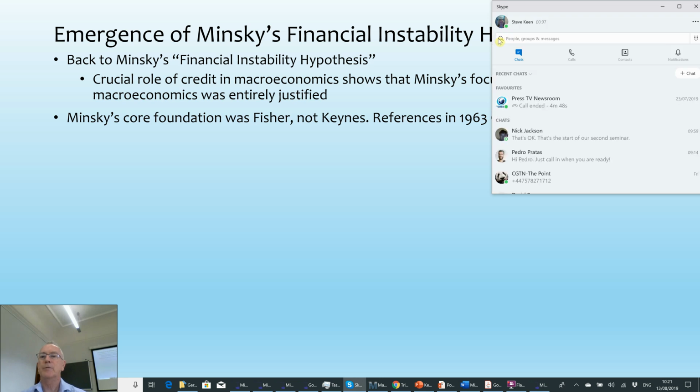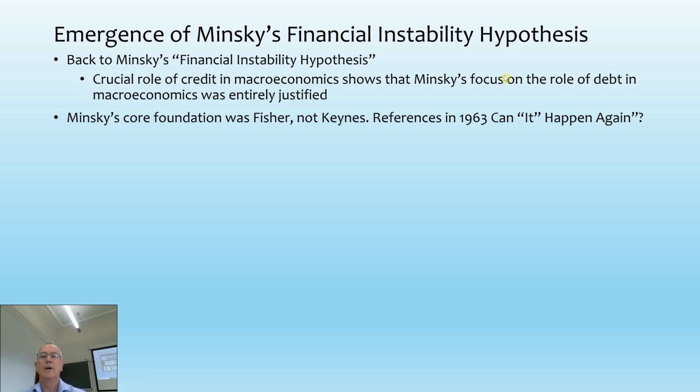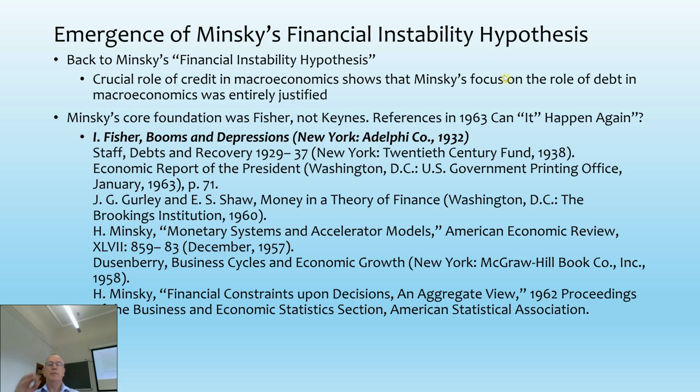Their a priori grounds were not correct. And if you look at where Minsky came from, looking at his references, there's no mention of Keynes until after, I think, about 1967. He accepted the textbook version of Keynes up to that stage and literally talked about the Keynesian assumption that investment is controlled by the rate of interest, which is Hicks's IS-LM model. He was really influenced by Fisher.